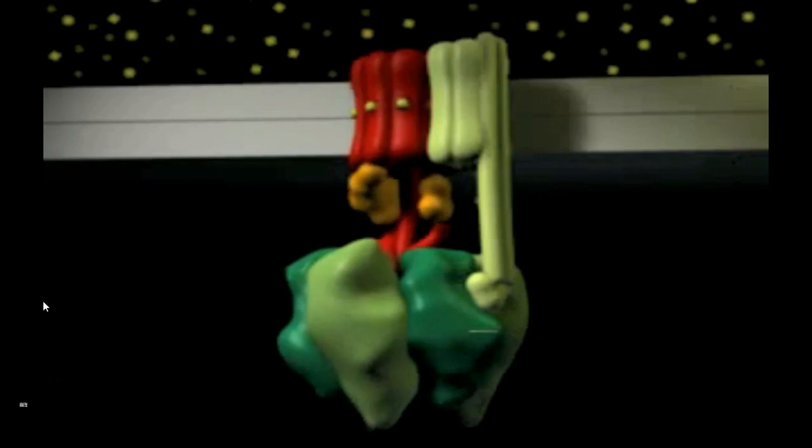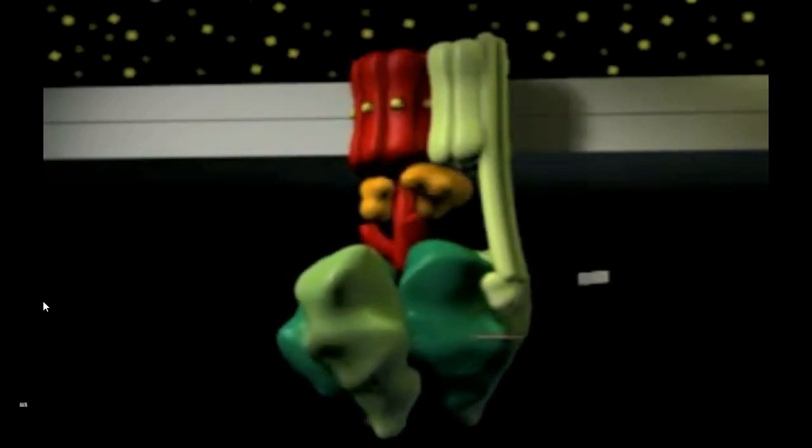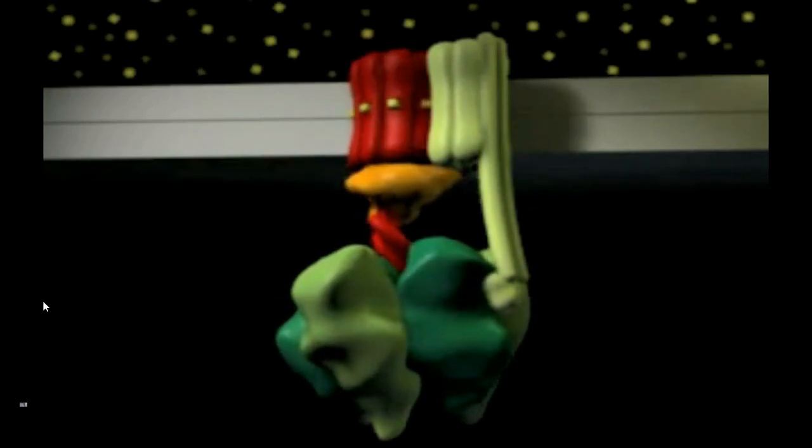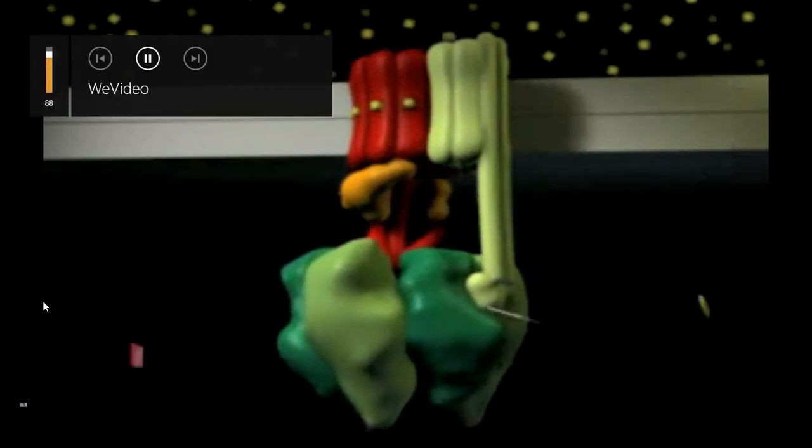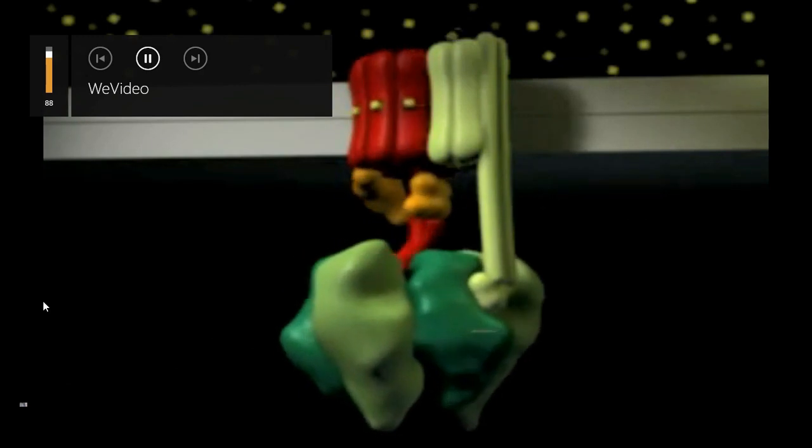ATP synthase is a molecular machine that works like a turbine to convert the energy stored in the proton gradient into chemical energy stored in the bond energy of ATP. The flow of protons down their electrochemical gradient drives a rotor that lies in the membrane.